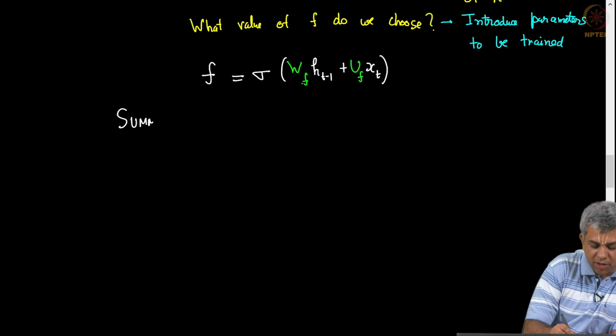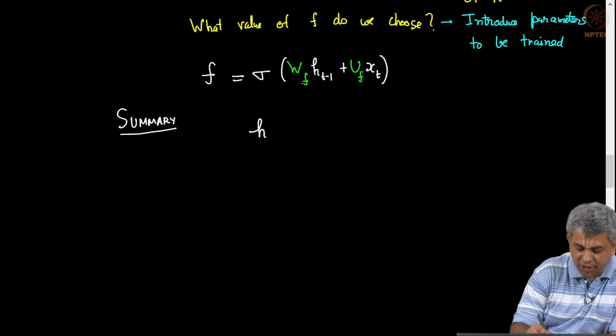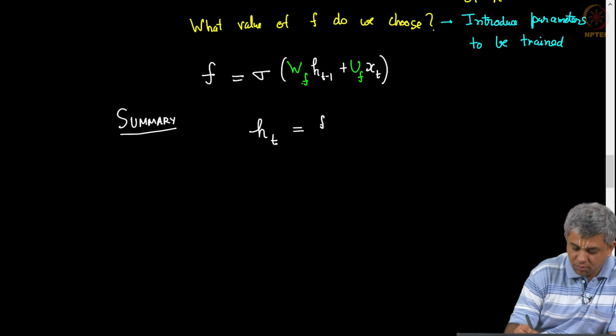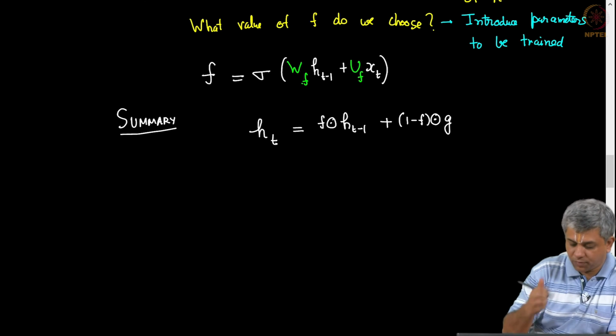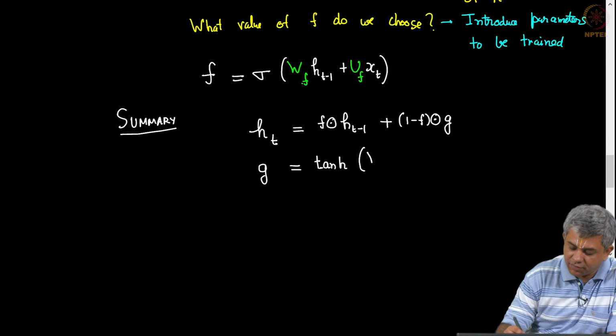and hopefully it will become clear then. So, the summary is as follows. I want to say that H_t is a linear combination or some sort of linear combination of H_{t-1} and G, where G itself is effectively the output of a vanilla RNN.